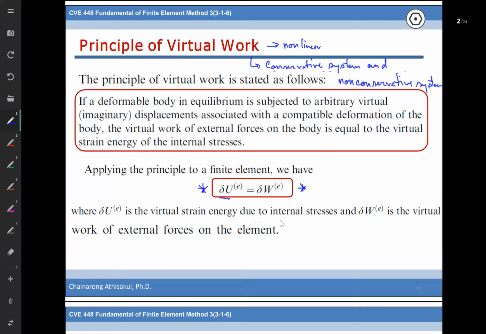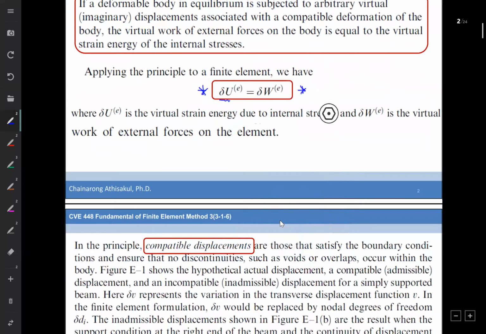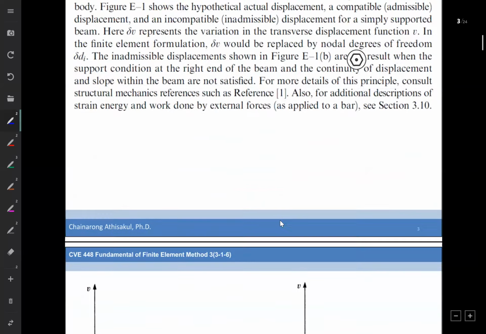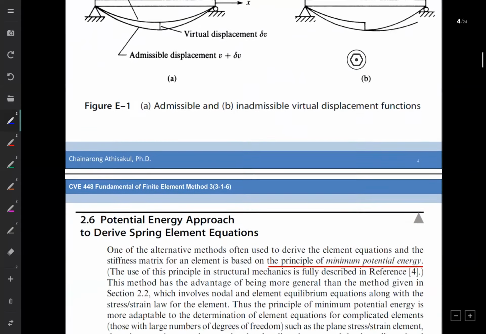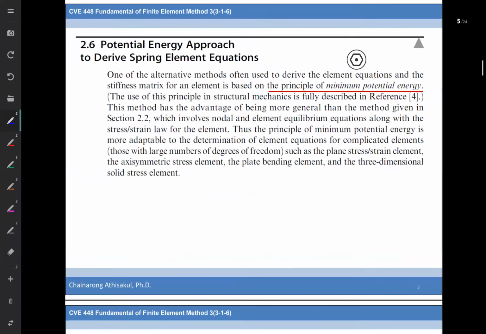According to this, we will scope the principle that we will apply to the case of finite element that we study.